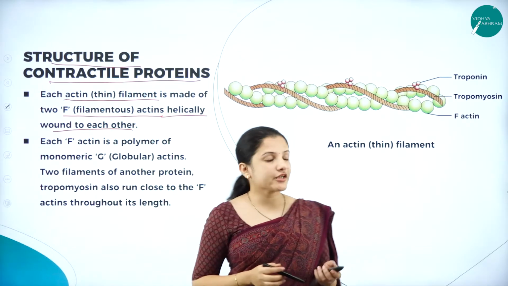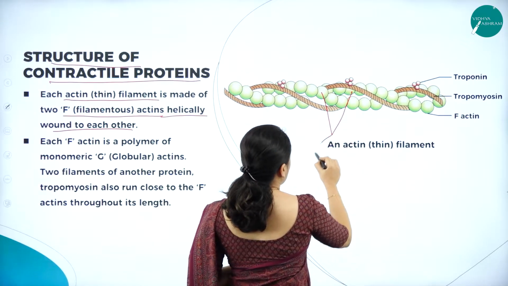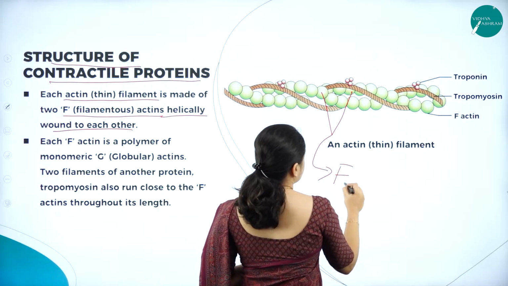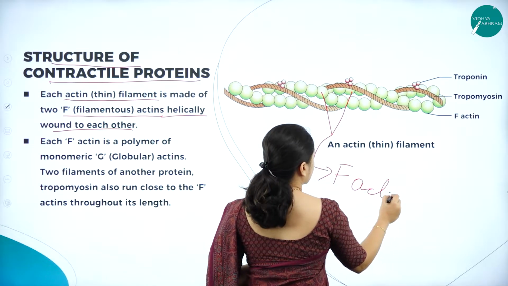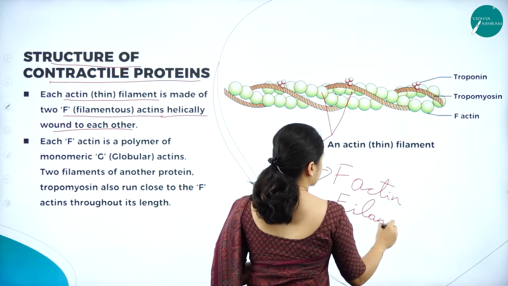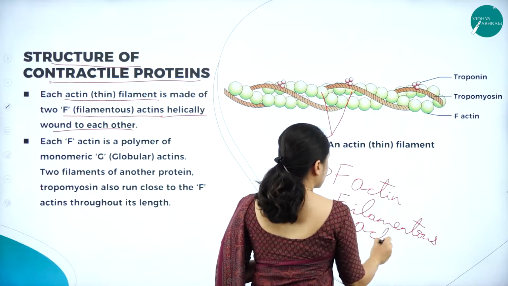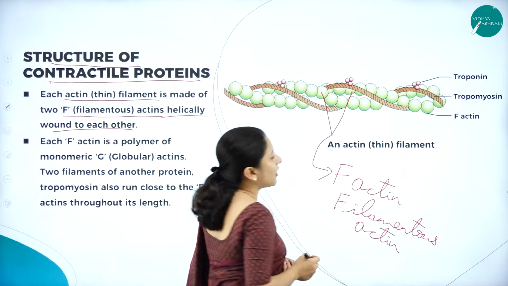If you see the image here, you can see they are made up of two filamentous actins, that is the F actin. And they are helically wound to each other.